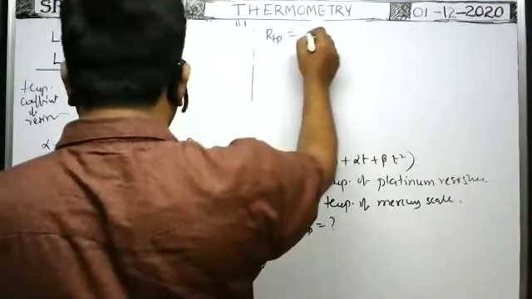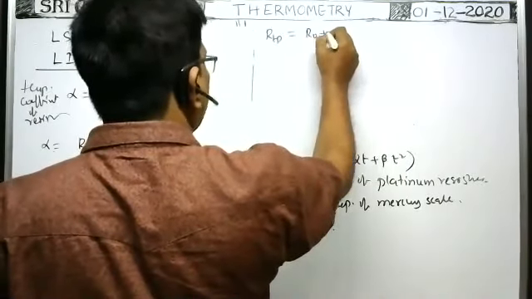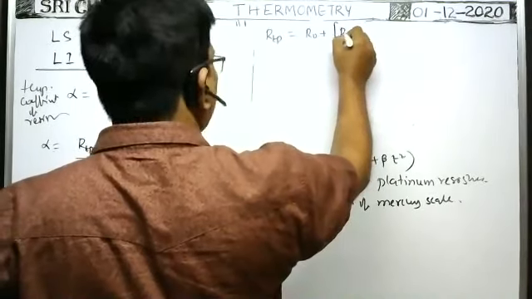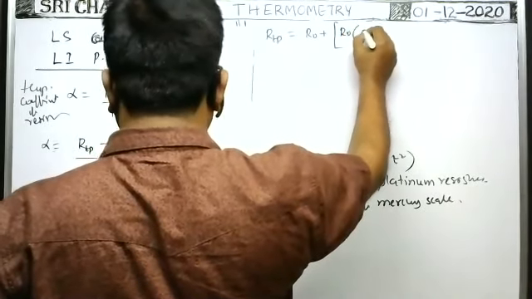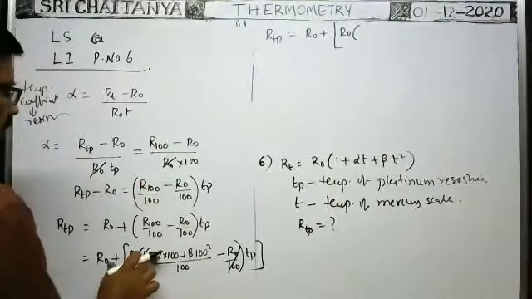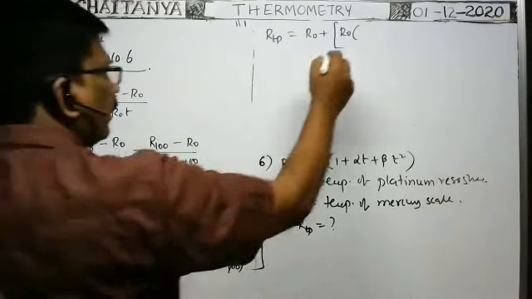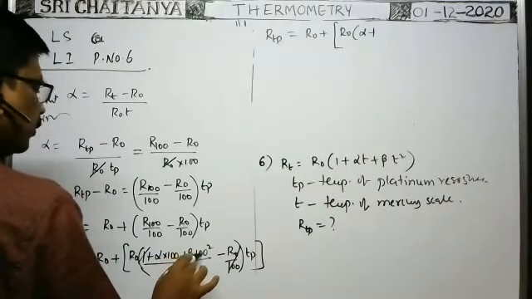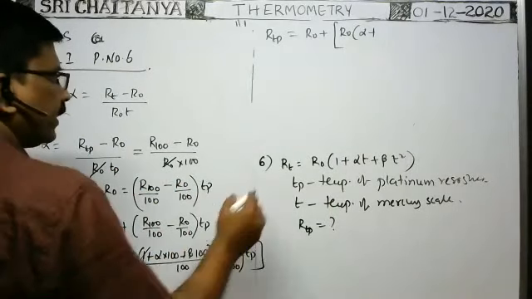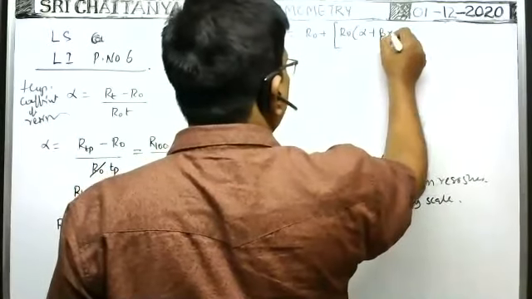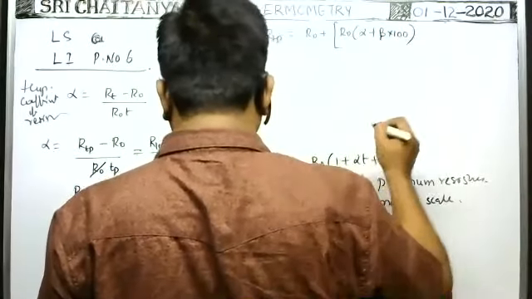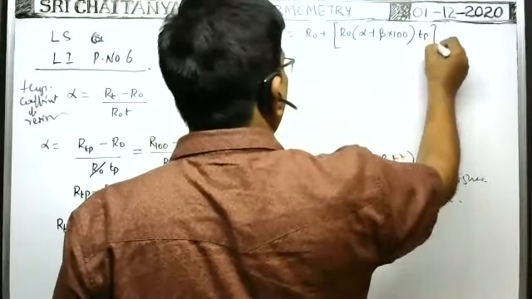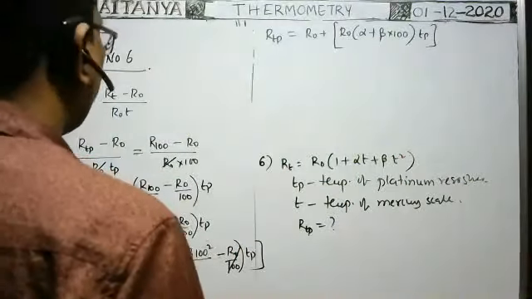Remaining is RTP is equal to R0 plus R0 into, you split them, alpha into 100 by 100 means alpha plus beta into 100 square by 100 means beta into 100, into TP.